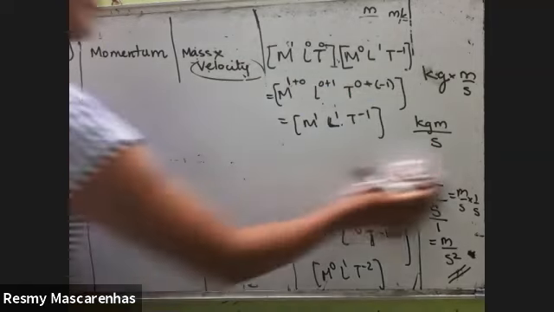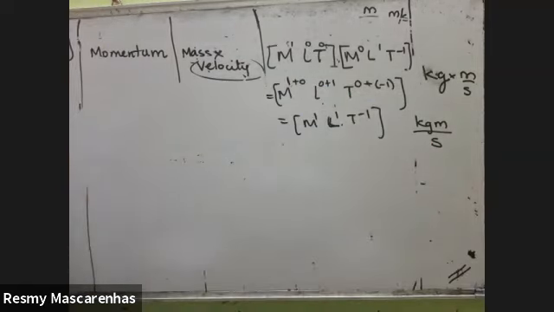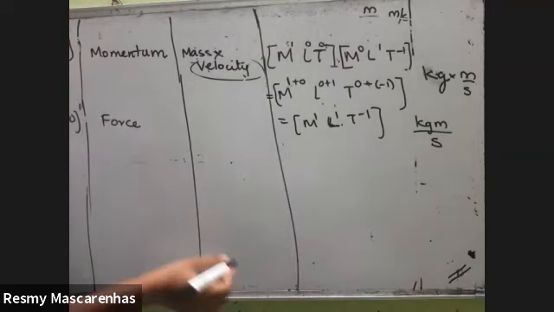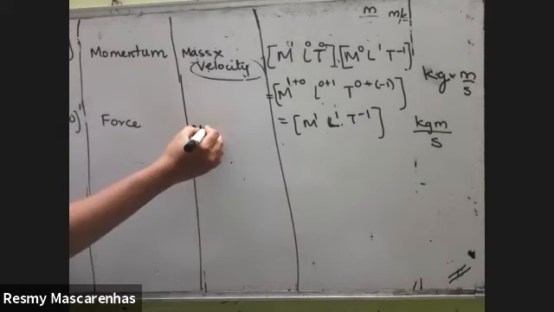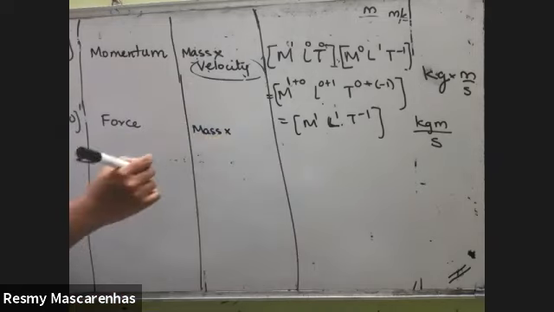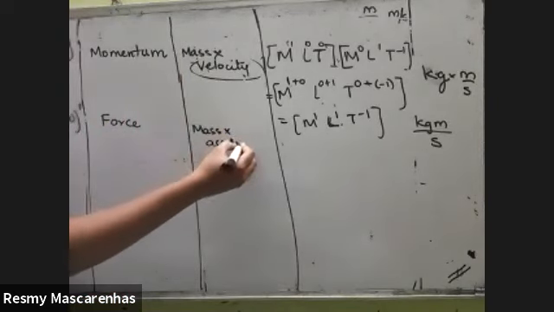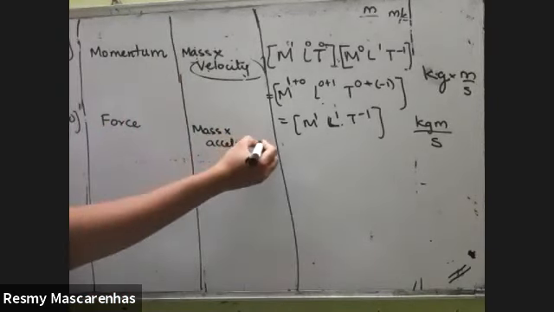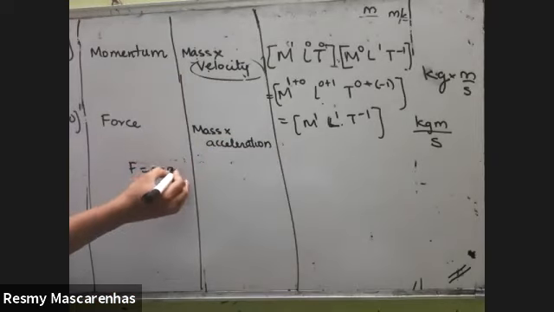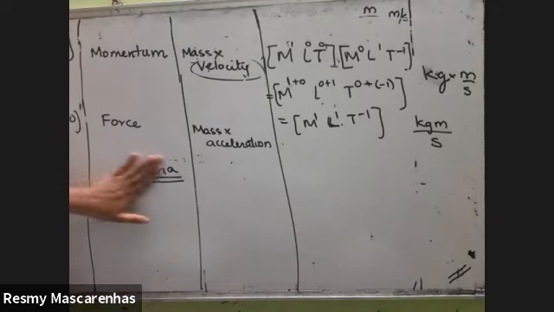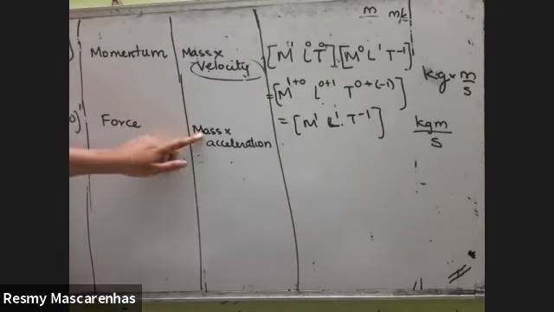The next one, 10th one, 4. Force everybody knows, mass into acceleration. F is equal to ma, we have studied this. Force is mass into acceleration. So put the dimension of mass and put the dimension of acceleration.